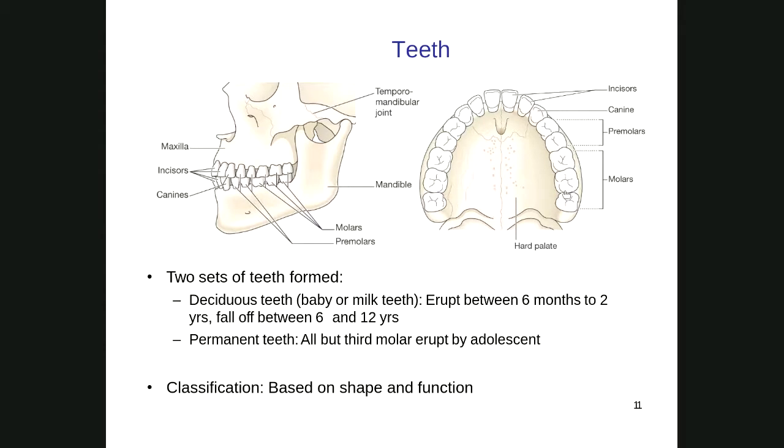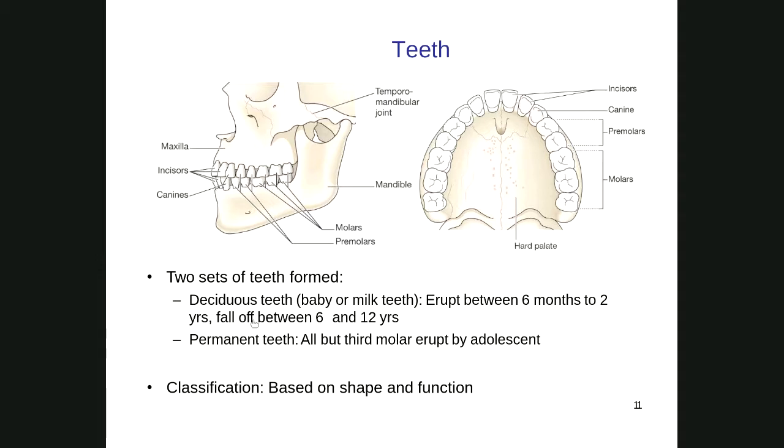And these teeth in children, which start to appear by the age of 6 months and complete by 2 years of age, are the baby teeth or milk teeth or deciduous teeth, and then they start to fall off between 6 years and completely fall off by 12 years.